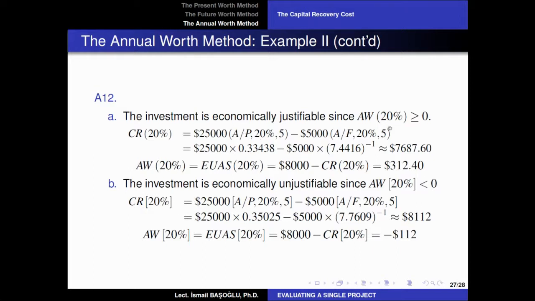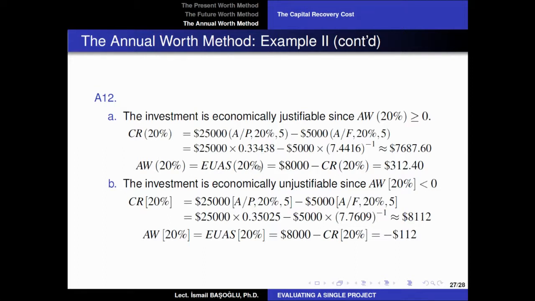The same equation above is going to be calculated, but this time using continuous compounding factors. So the capital recovery factor and the sinking fund factor are going to be checked from the continuous compounding discrete payments table.